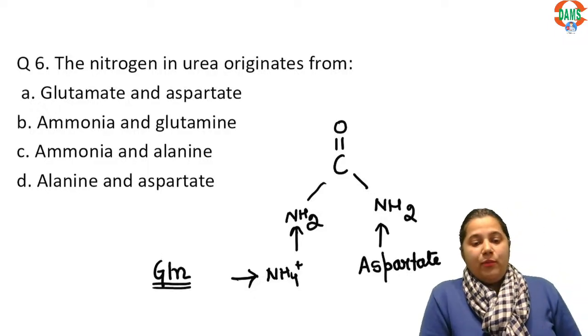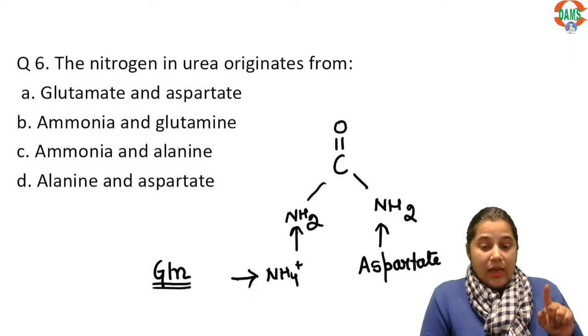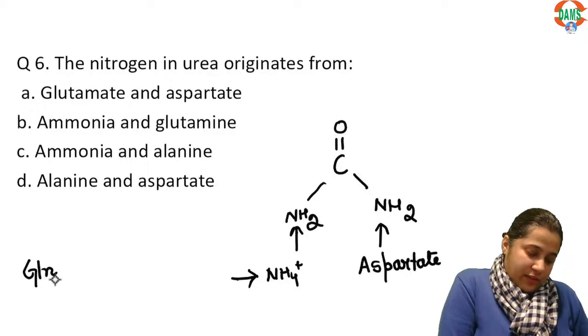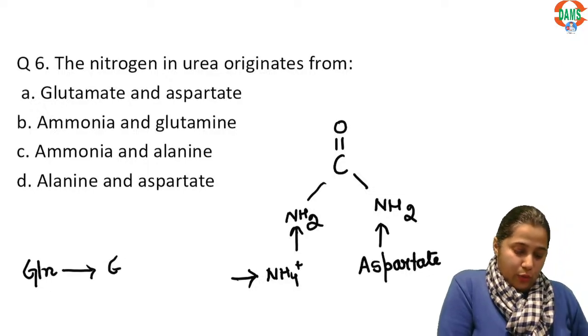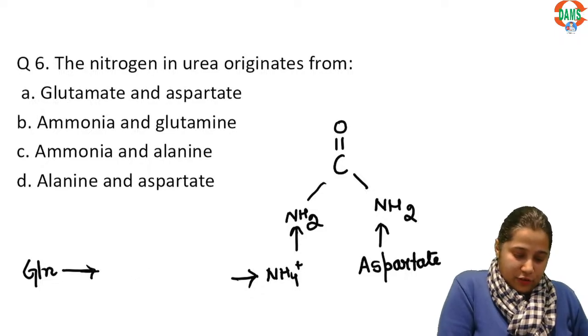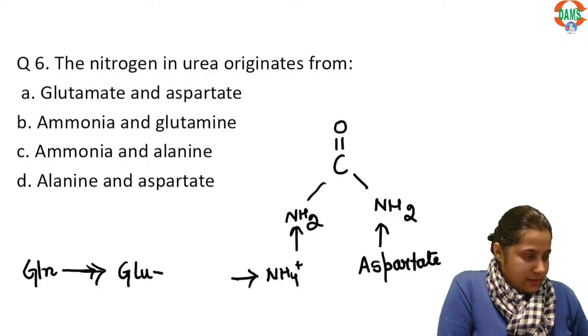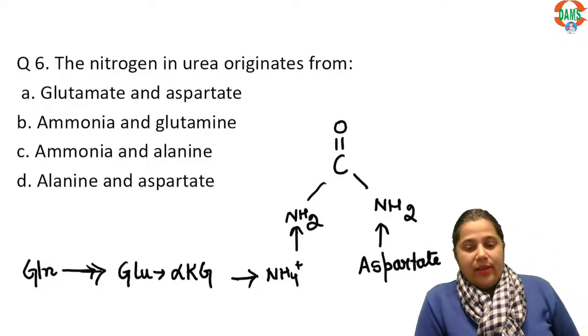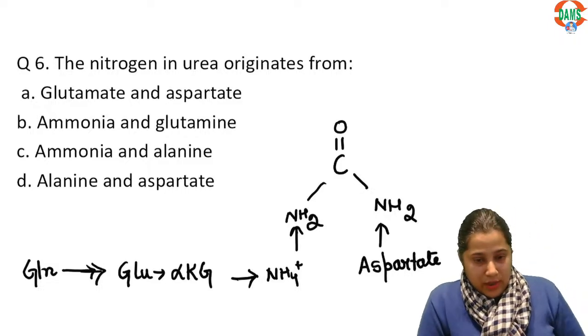The source of this ammonia comes from glutamine. The glutamine in the liver is first converted to glutamate, which will then form alpha ketoglutarate, and then it will release ammonia.